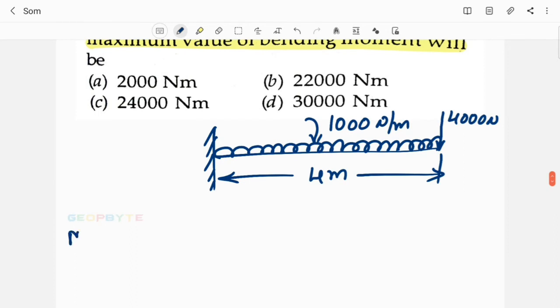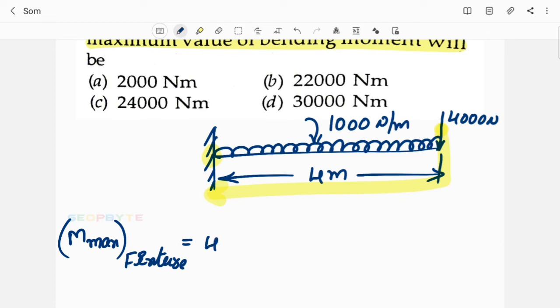Undoubtedly, maximum bending moment is occurring at the fixture, at the fixed location. Maximum bending moment at the fixture is equal to point load into distance up to fixture, that is 4000 into 4, the moment due to point load, plus the moment due to UDL.